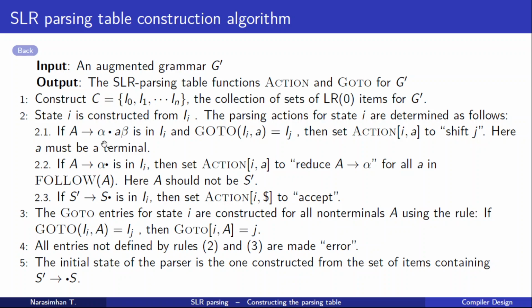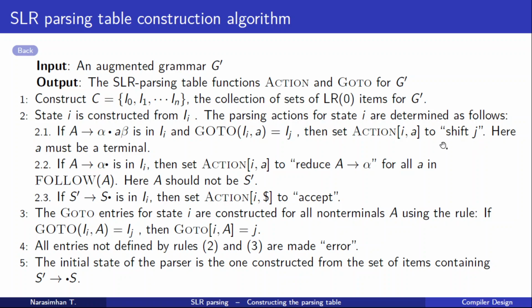So if you have an item of the form A gives alpha dot a beta and goTo of Ii, a equals Ij, then you can set action i, a to shift j. You are going to perform the shift operation. The next state is Ij, or just j here.